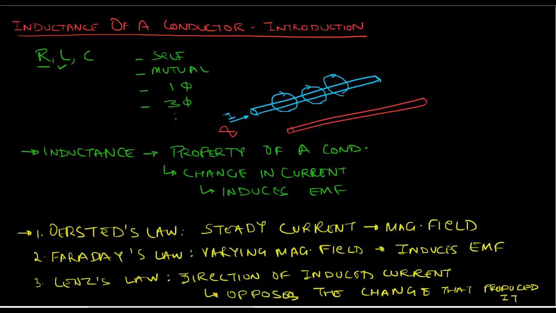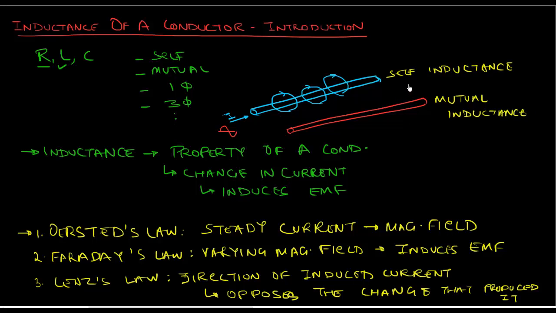So any EMF that's induced in this conductor itself is called self-inductance, and any EMF that's induced here is as a result of mutual inductance.